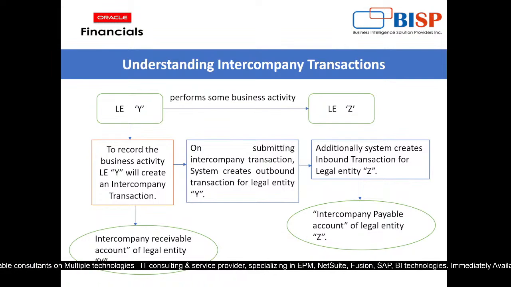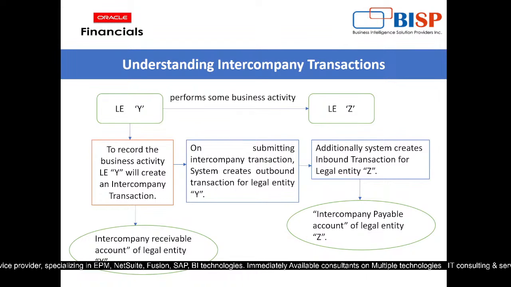Say Y is providing business value to legal entity Z. In this case, Y will be receiving some monetary value back in future from legal entity Z. To reflect this in accounting, the value which is going to be received in future by legal entity Y is parked in the intercompany receivable account of legal entity Y, and legal entity Z is getting business value from legal entity Y, so it's a liability for legal entity Z.